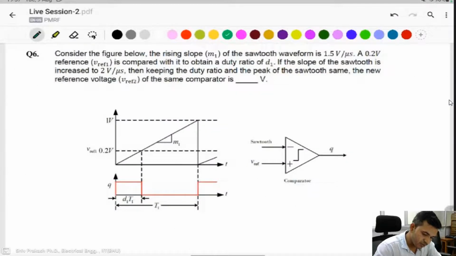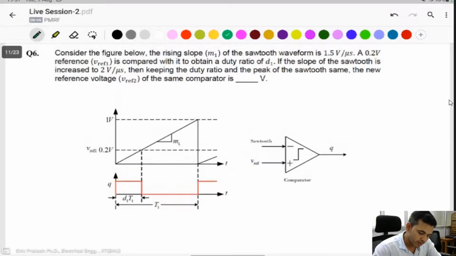Here the first slope is 1.5 volt per microsecond, and the reference given is 0.2 volt. It is also a comparator. When the reference signal is greater than the sawtooth wave, then your output is present, and when the reference signal is lower than the sawtooth wave, Q is low.